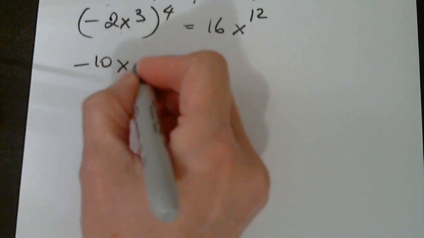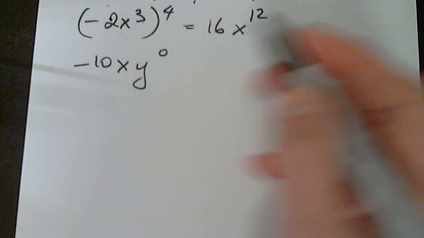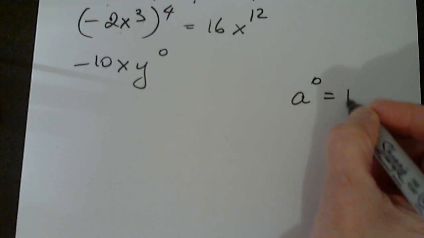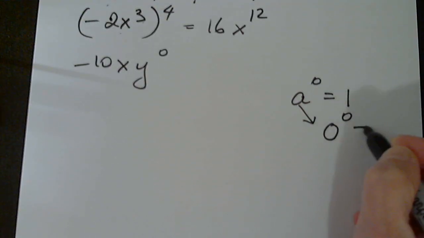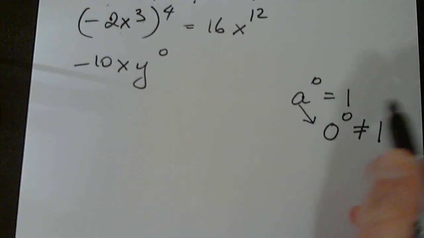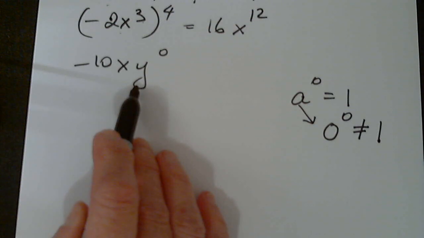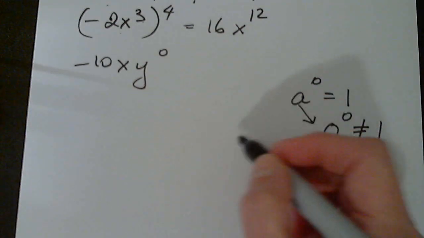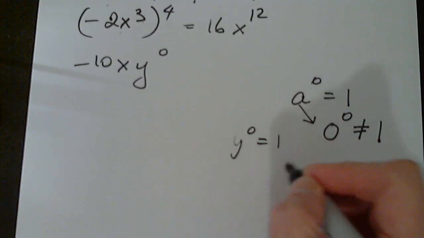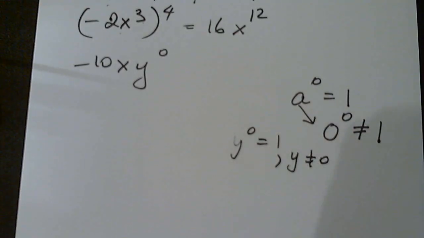So negative 10xy to the 0. Any number raised to 0 is 1, except 0 raised to 0 is not 1. In this particular case, we would write that y raised to 0 is 1, assuming that y is not 0.